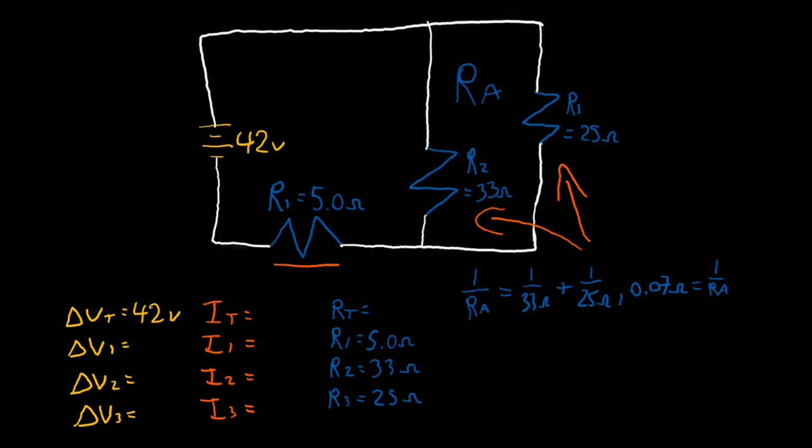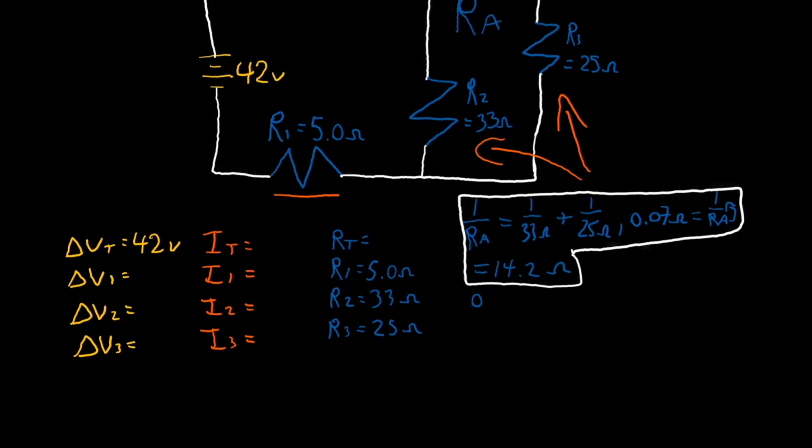And then doing the reciprocal of both, 1 over 0.07, this gives us 14.2 ohms. And now to find RT, we add this 14.2 ohms to R1, which is 5 ohms. And rounding to two significant digits, we get 19 ohms for RT.